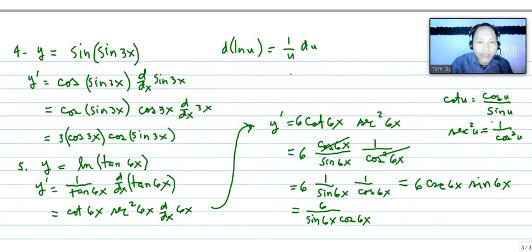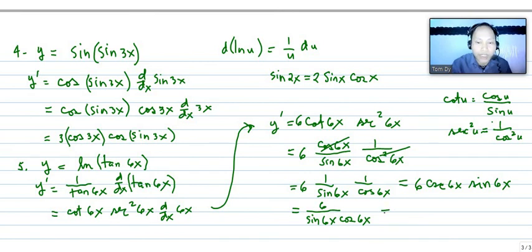Now again, take note, sine 2x is equivalent to 2 sine x cosine x. So for this case, this is sine 6x cosine 6x.